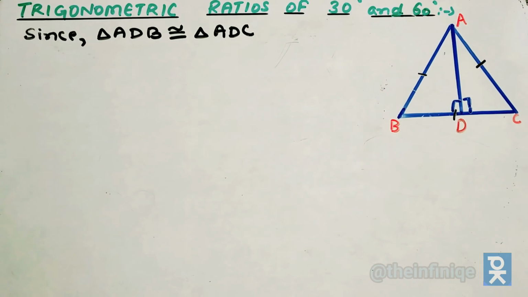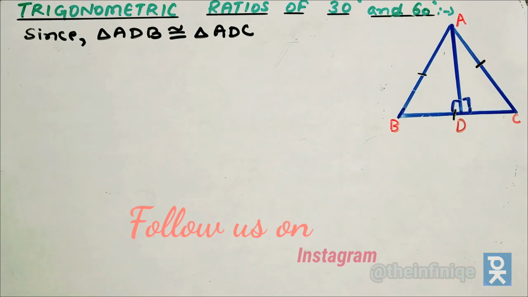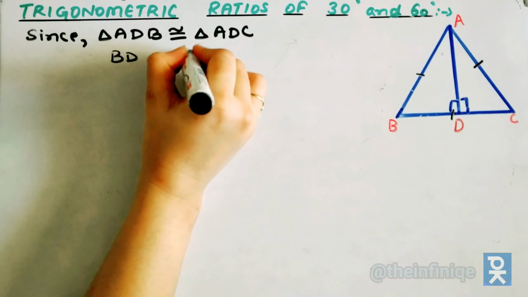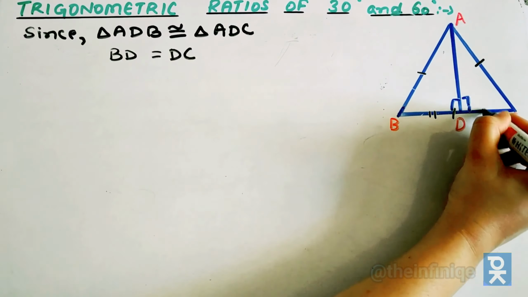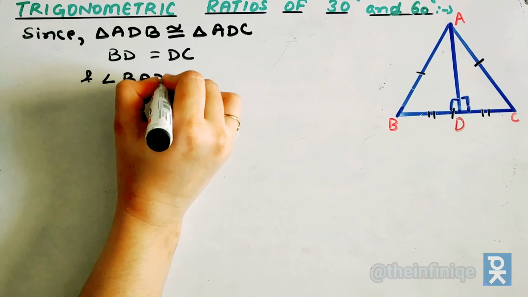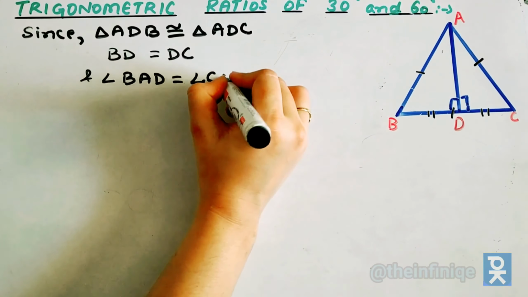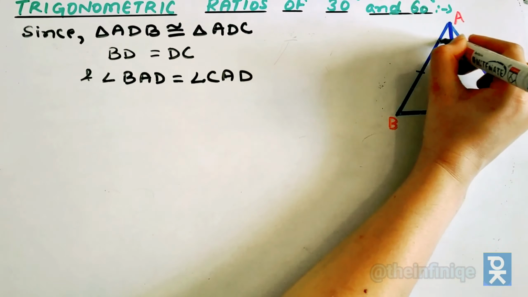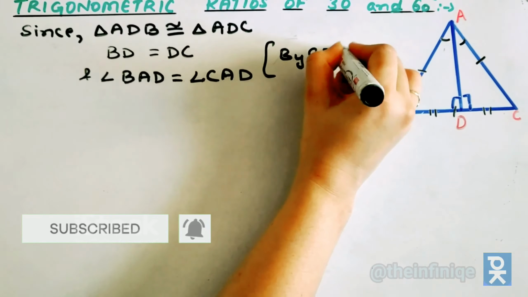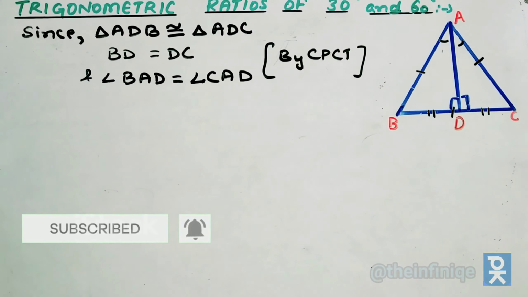Since triangle ADB is congruent to triangle ADC, from this BD is equal to DC and angle BAD is equal to angle CAD by CPCT, congruent parts of congruent triangles.